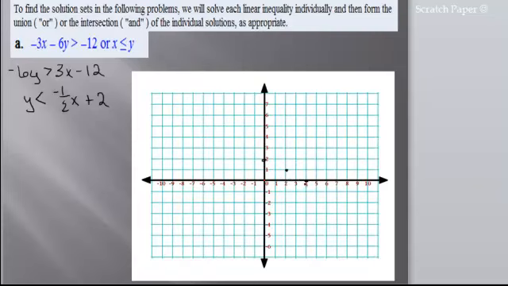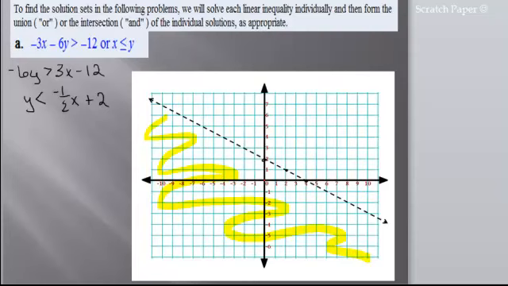Now we need to draw a dashed line because this one does not have the equal to symbol under it. So here is our dashed line that represents this inequality. It says y is less than all of this, so we need to shade below that. So it would pretty much be all of this area down here.